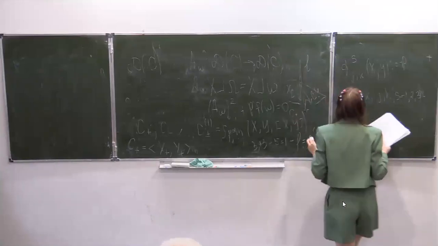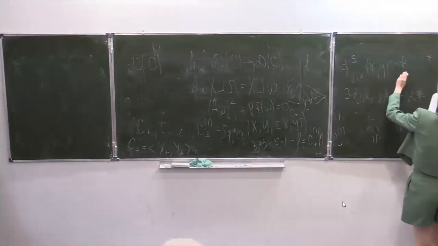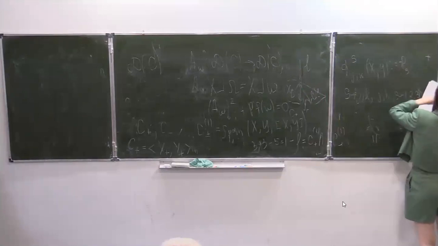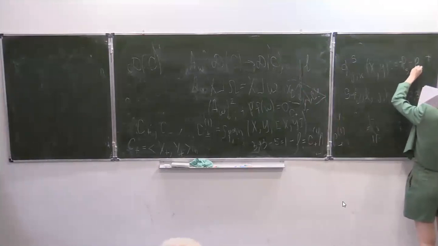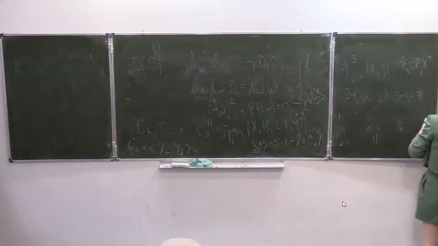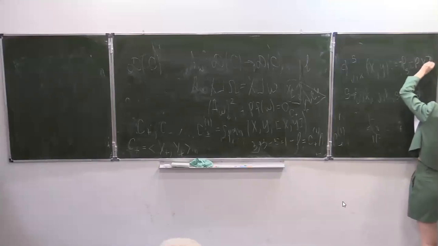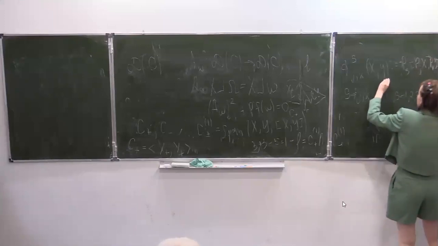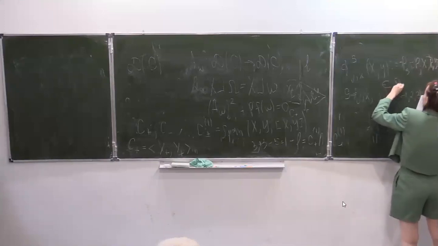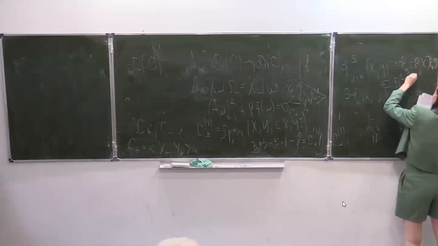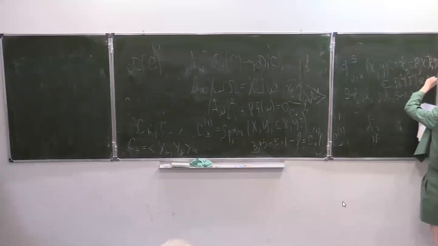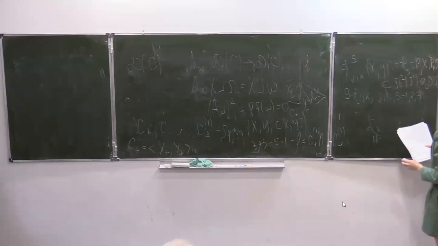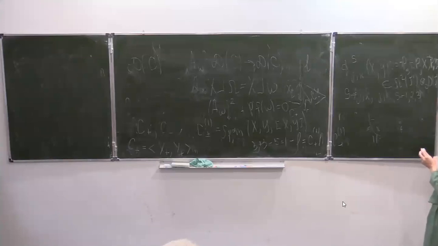Minus the projection on the corresponding distribution, where G. What are these keys?